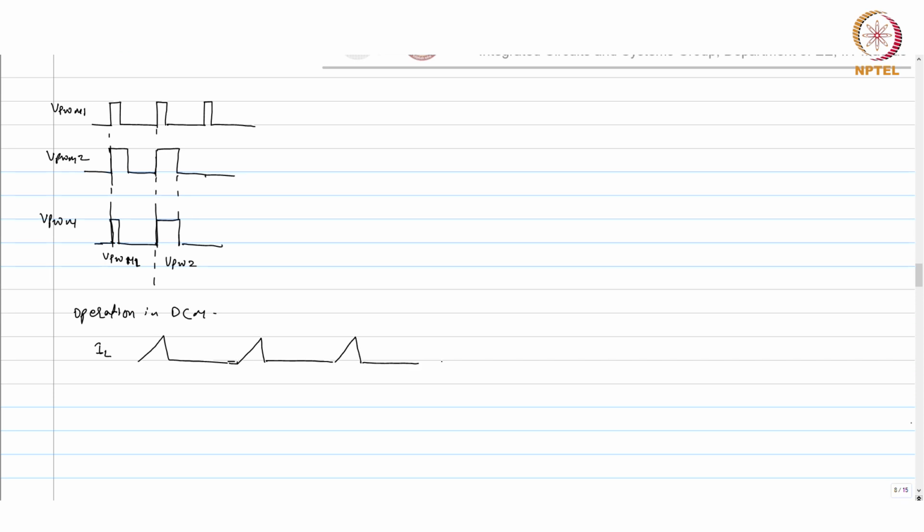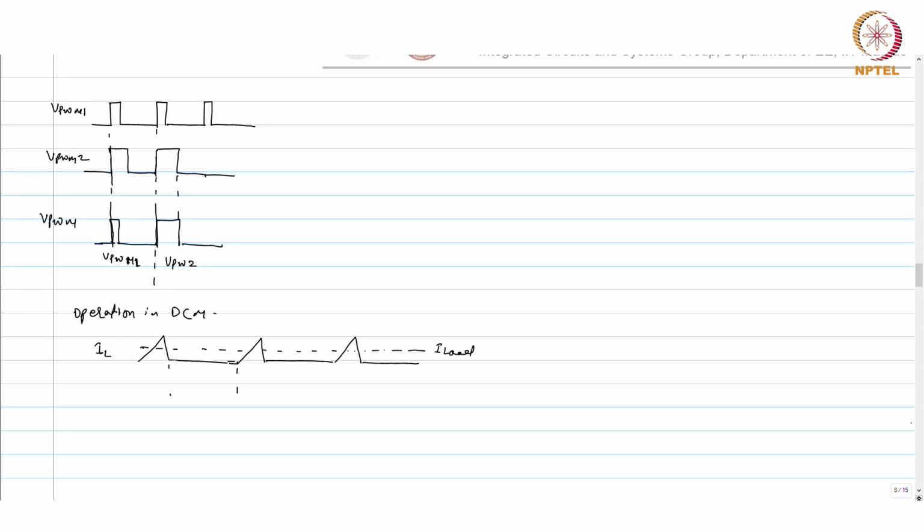What is the average current? I load. I am doing nothing here in between, because during this time your inductor current is 0. So I can utilize this and deliver current to the other output, because the inductor is resting during this time.